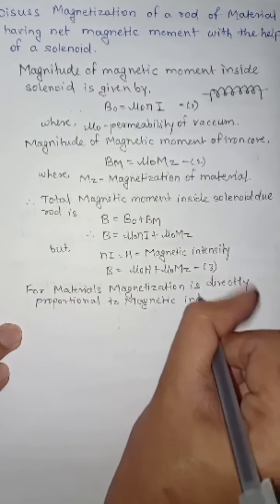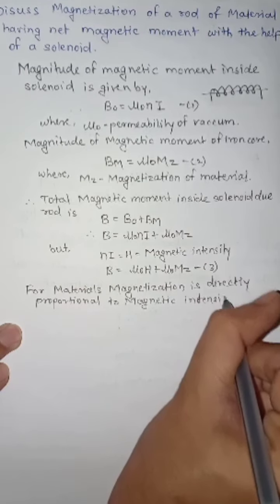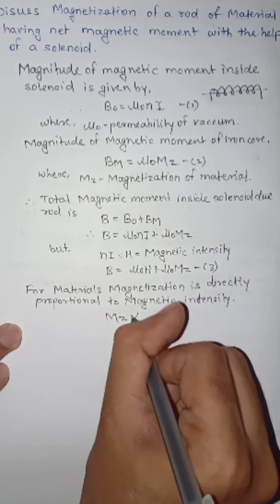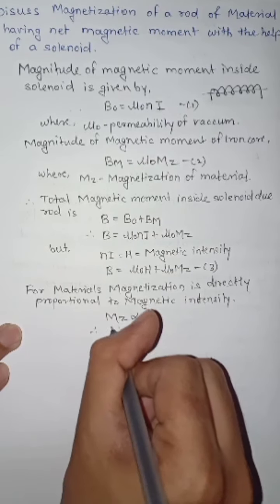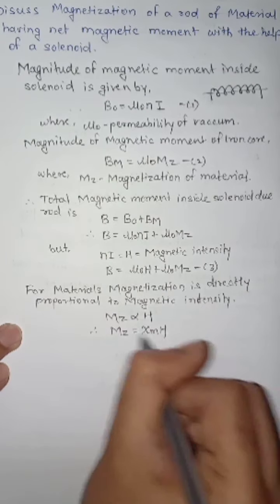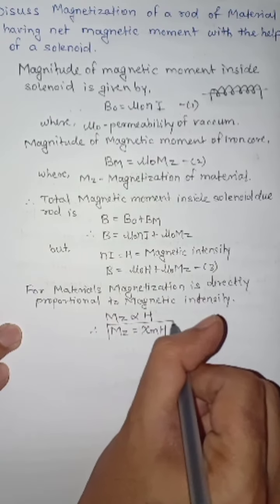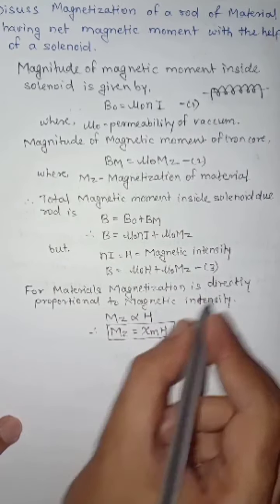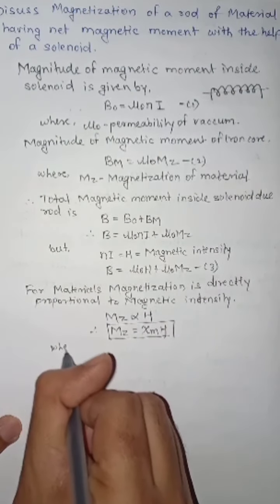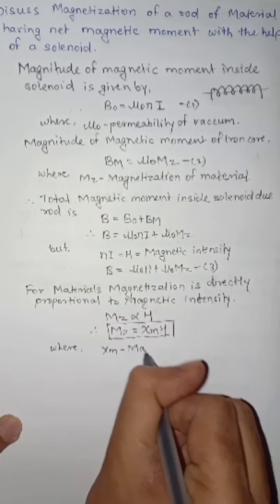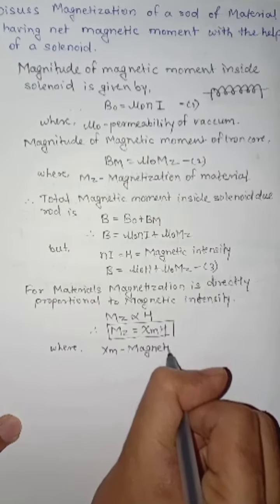and thus we get here Mz is proportional to H. Therefore Mz is equal to chi m into H, where chi m is called magnetic susceptibility or constant of proportionality.